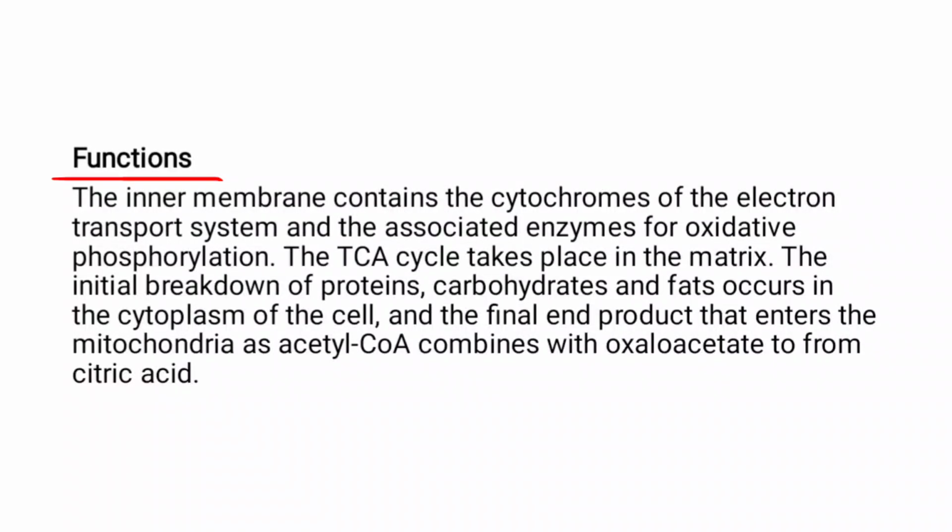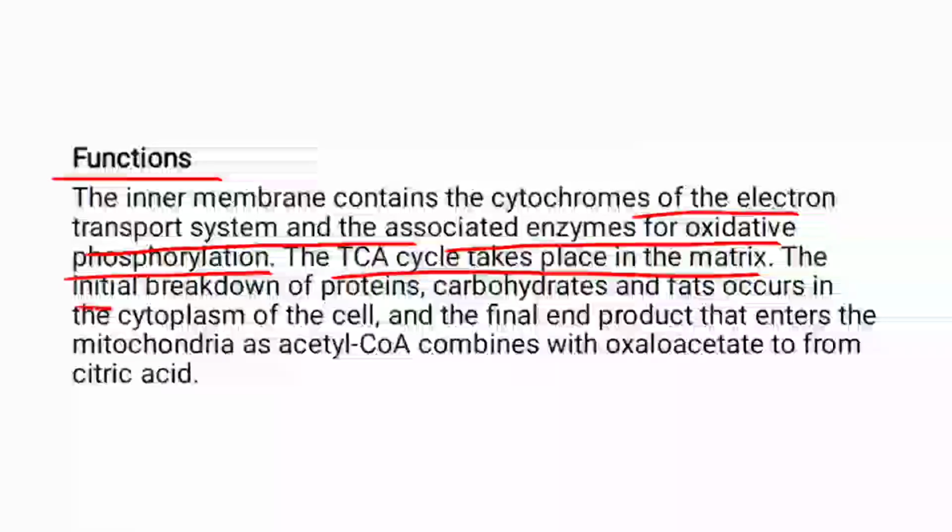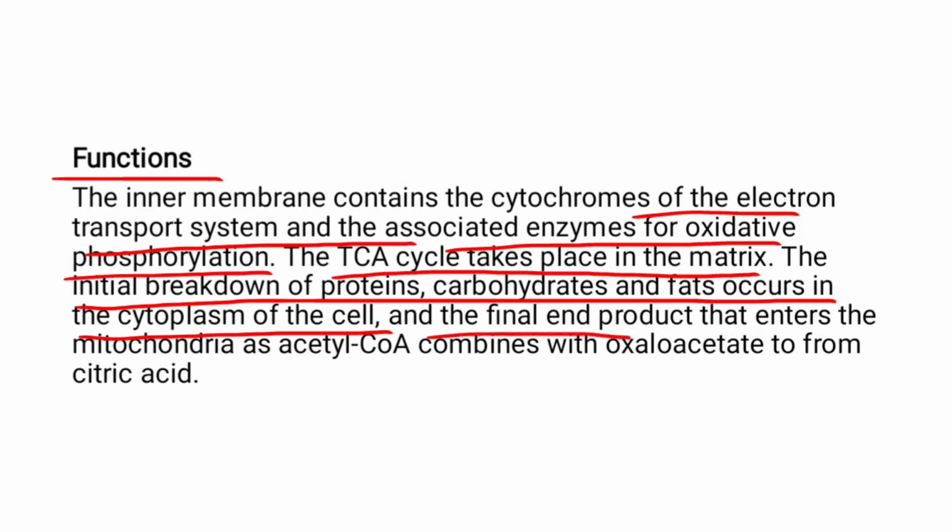The inner membrane contains the cytochromes of the electron transport system and the associated enzymes for oxidative phosphorylation. The TCA cycle takes place in the matrix. The initial breakdown of proteins, carbohydrates, and fats occurs in the cytoplasm of the cell, and the final end product that enters the mitochondria as acetyl-CoA combines with oxaloacetate to form citric acid.